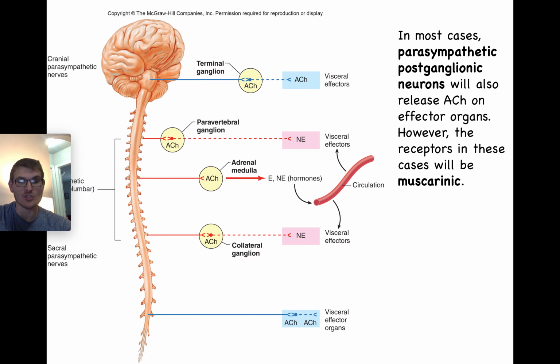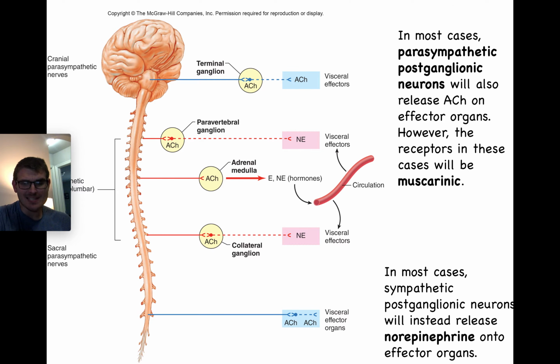Instead, this time it's going to be muscarinic receptors, which we will find out can either be excitatory or inhibitory. Like we've discussed, you have to know what kind of ion channel you're opening in order to make that determination. And then on the sympathetic side, sympathetic postganglionic neurons are going to not release acetylcholine, but norepinephrine.